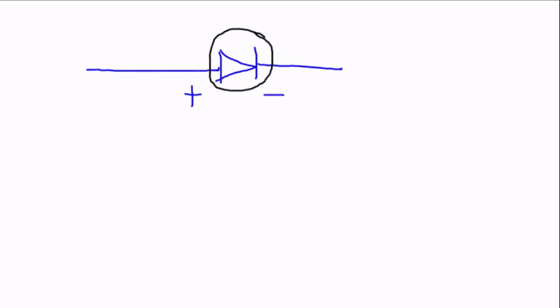It is the fundamental principle of why the diode works. So just imagine that p-n junction inside of there, and imagine that we have connected this plus and minus to the actual terminals of the junction. All right? And then when that happens, just as you would expect in typical circuit schematics, current will run from a higher voltage potential to a lower voltage potential. So you get current traveling in that direction.